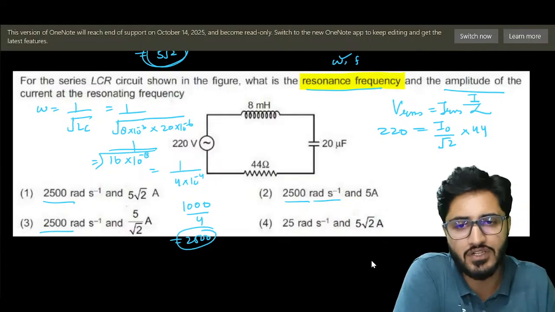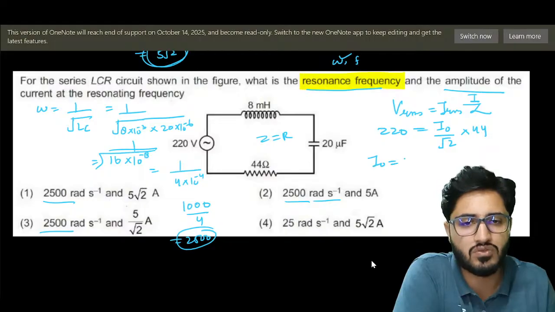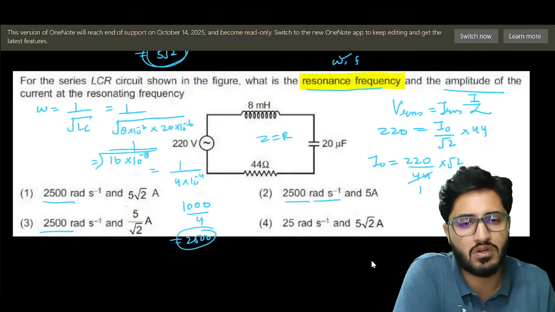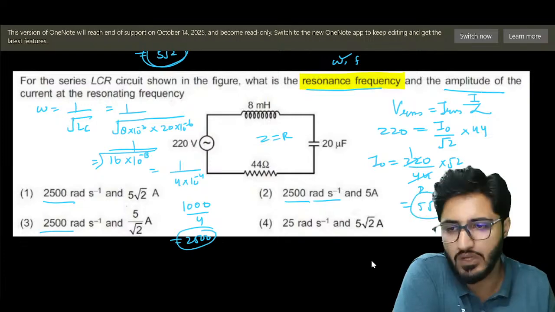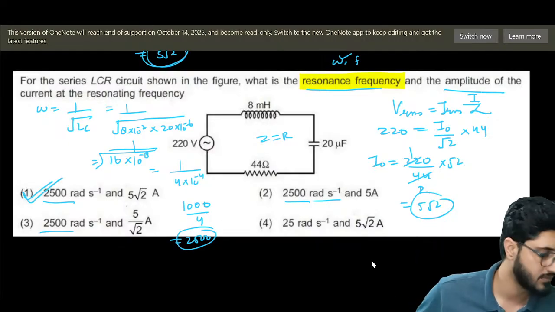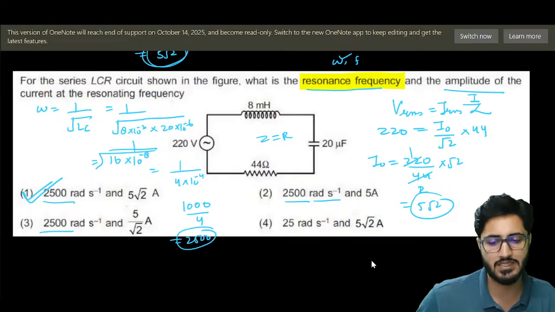In a resonant condition, Z equals R. So my I naught equals 220 times root 2 divided by 44, which is 5 root 2. Option number A is correct.